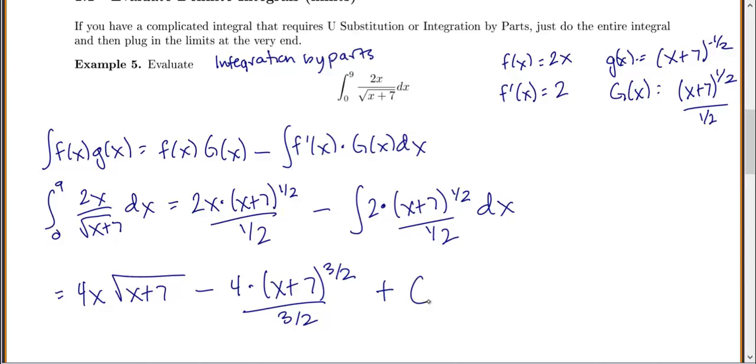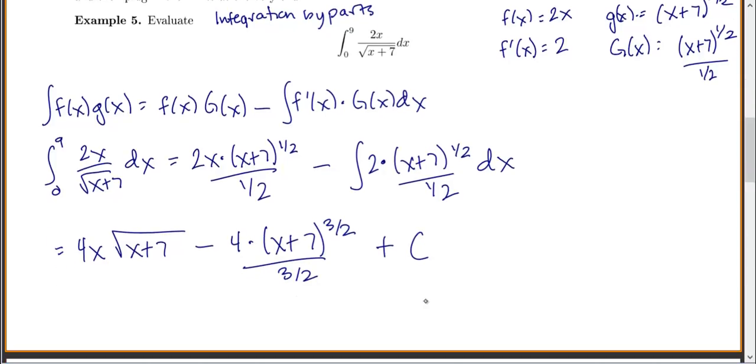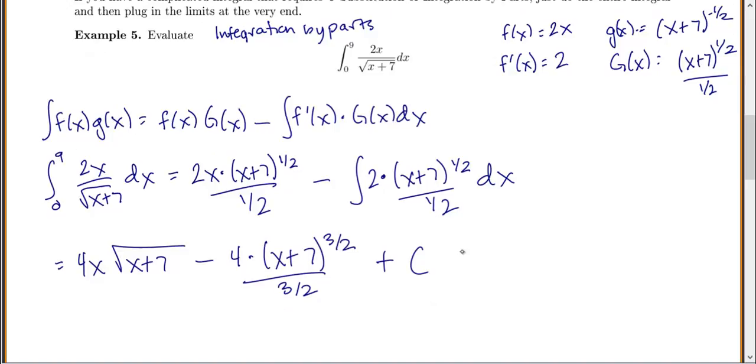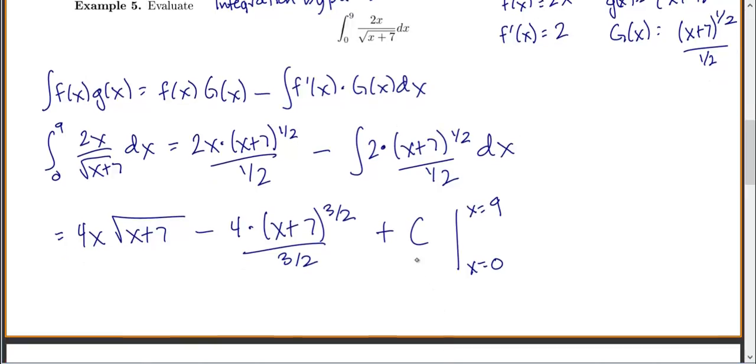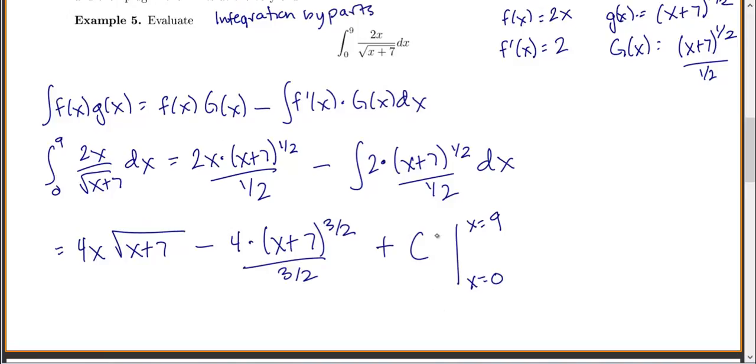And when we integrate, we do plus c. But in this case, they actually gave us limits, so let's evaluate it from x equals 0 to x equals 9. Notice I didn't really care about that until I got to the very end. Also, remember what's going to happen, our c's will cancel every time.